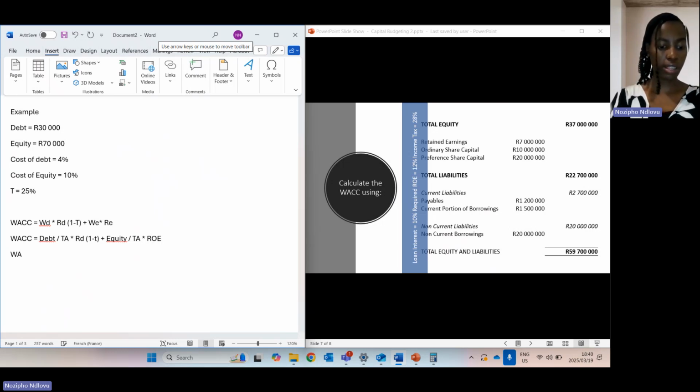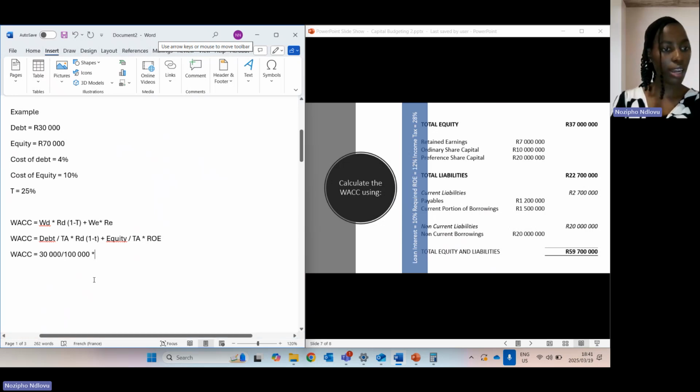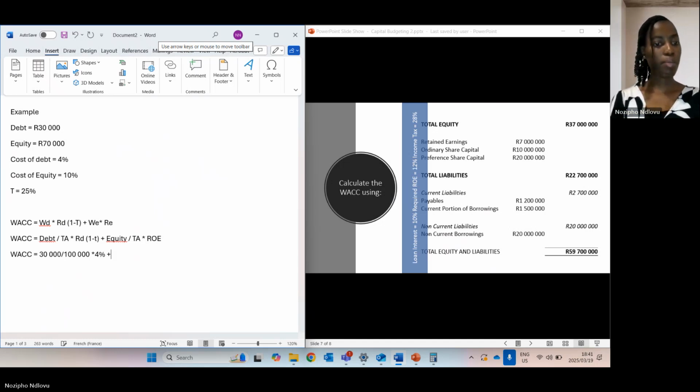Okay, then WACC, now I'm substituting. WACC is equal to the debt that we're given here, 30,000, divided by, what is our total asset? It will be the equity and the debt together, which gives me 100,000, multiplied by, what is the R for the debt? It is 4%, plus, okay, what is it that I forgot?